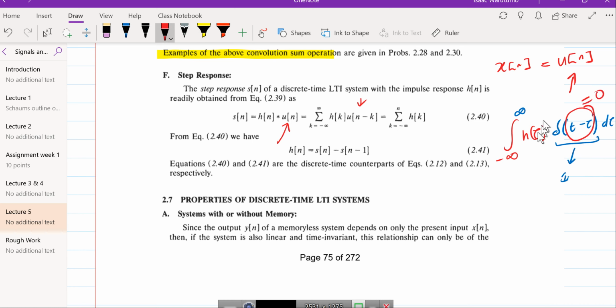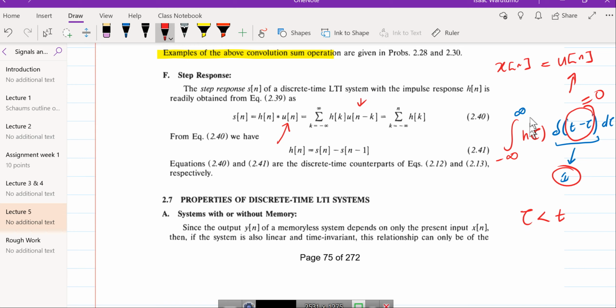We illustrated that tau requires to be less than t for this term to be equal to 1.